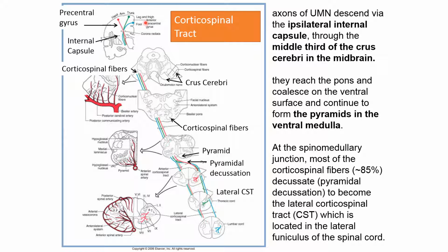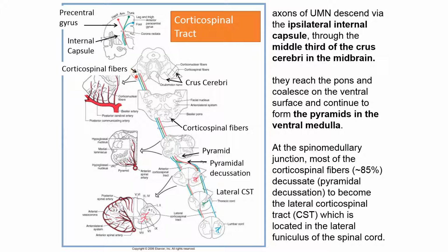These axons of the upper motor neurons descend through the internal capsule, seen here, into the midbrain, in the middle third of the crus cerebri of the midbrain. We see here, and it's reflected on the opposite side as well, just for description.